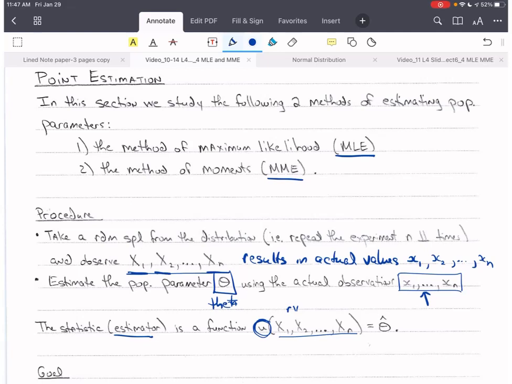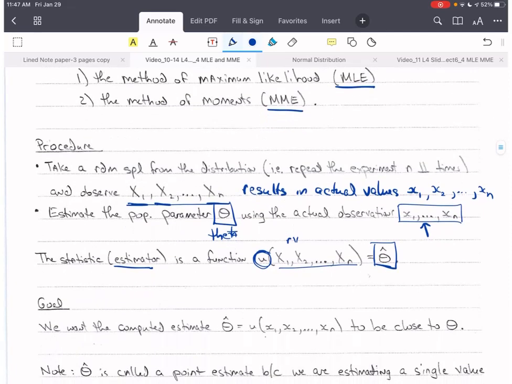All right, so each time we take a new random sample, we're going to get different observations, and thus probably have a different value of our estimator, theta hat. Okay, so theta hat is a common symbol for an estimator. Now, some people use theta tilde, so the book uses theta hat for the MLE and theta tilde for the MME.